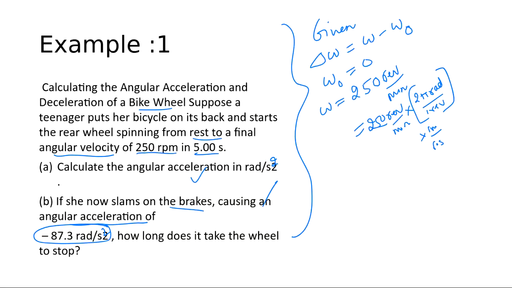Omega is 250. Rev and rev will go away, so I have multiplied by 2 pi radians. Instead of minute, I have 60 seconds. If you multiply all of this, you should get 26.2 radians per second as the final angular velocity for part A.